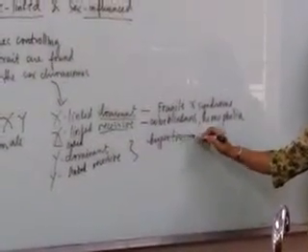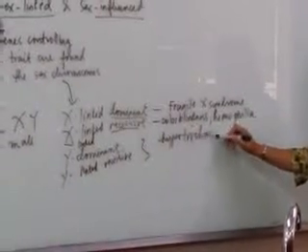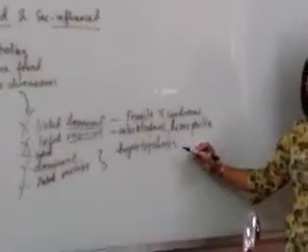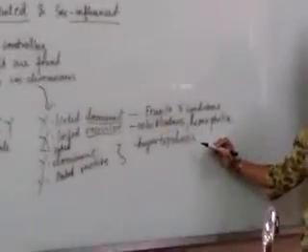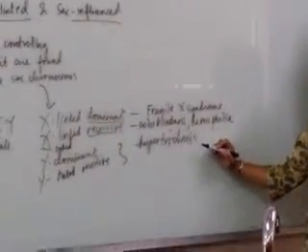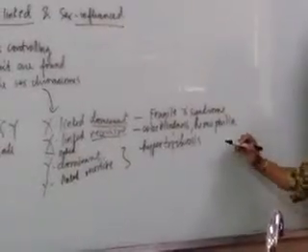Hypertrichosis is an excessive hairy structure behind your ears. Okay, so the portion of the ears, you have hairy structure. So that is what we refer to as hypertrichosis.